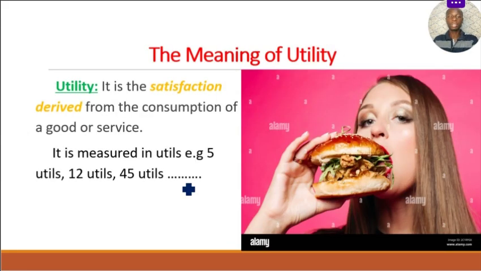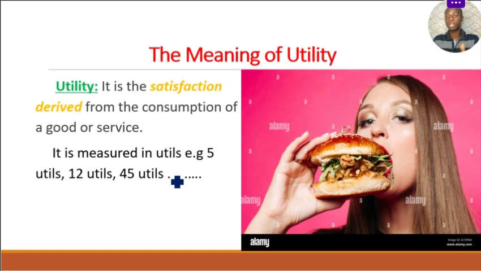The term utility is simply the satisfaction that a consumer derives from the consumption of a particular good or a service. And according to the Marshallians, the cardinalists, they believe that utility can be measured. That's why I have examples here: 5 utils, 12 utils, 45 utils.